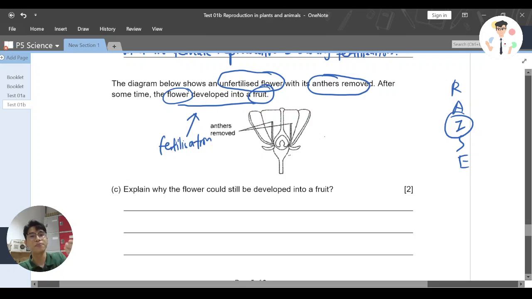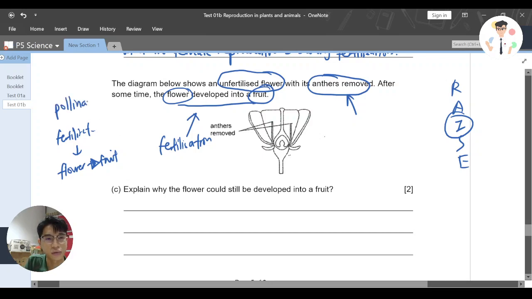That happens after fertilization. Let me just write out the process. Fertilization happens, then the flower turns to become fruit.